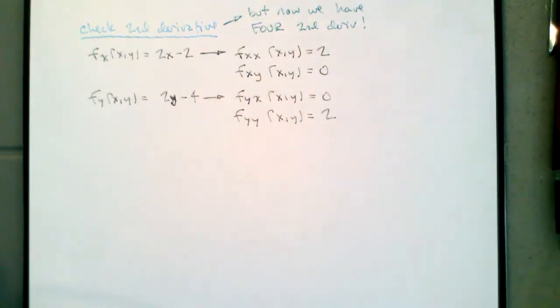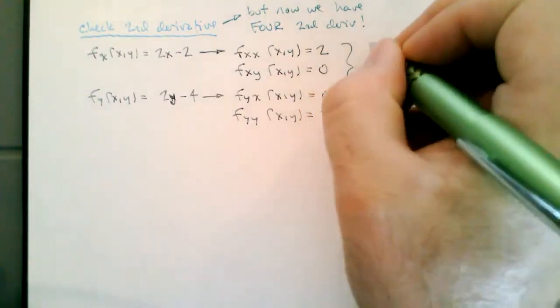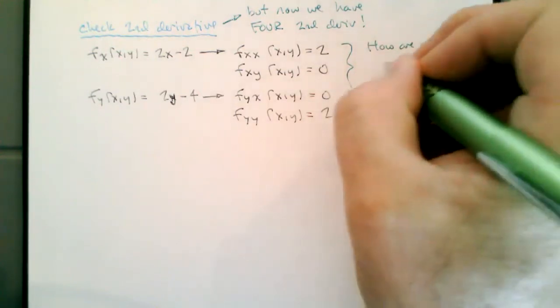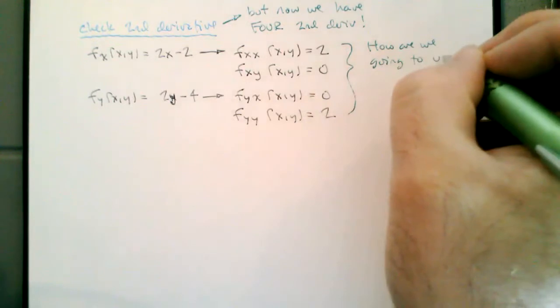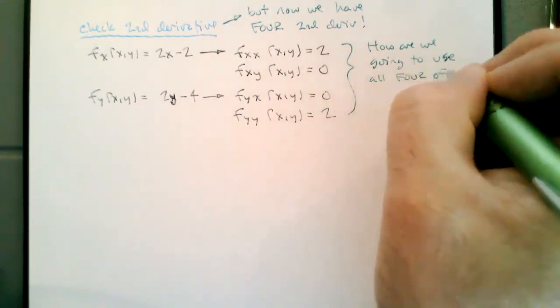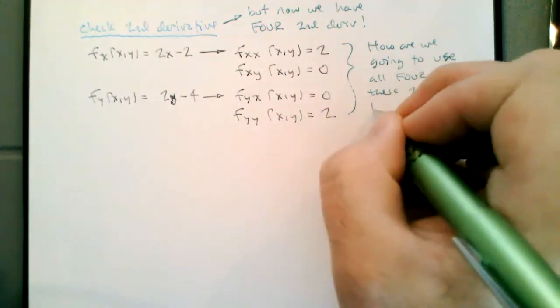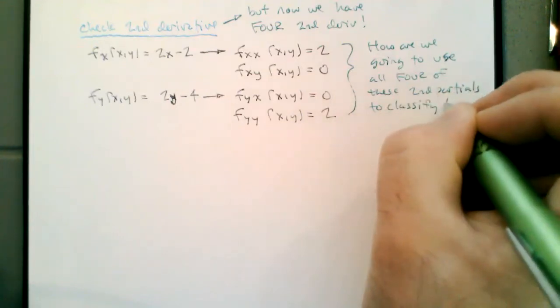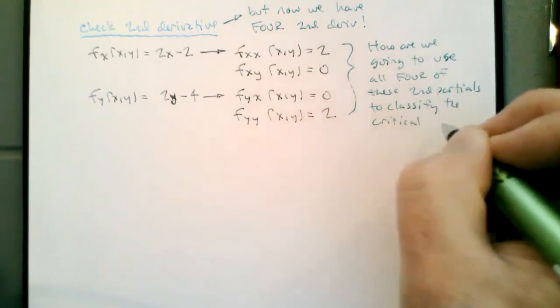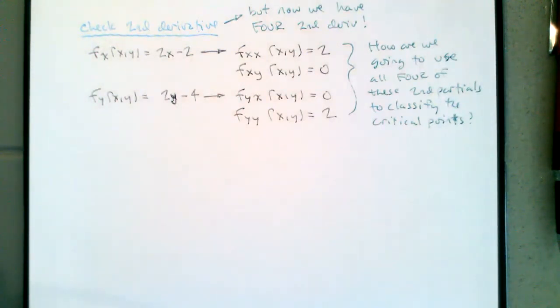How are we going to combine these 4 second derivatives to classify critical points? How are we going to use all 4 of these second partials to classify the critical points?